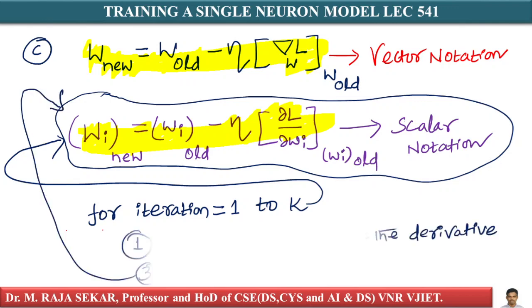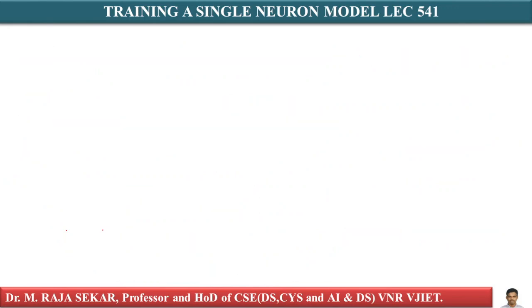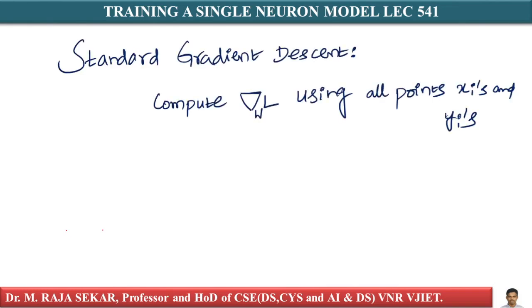First you initialize. The second step is to compute the derivative, and then you update your weights. So the key part here is computing the gradient. In the standard gradient descent algorithm, we compute this derivative del of L with respect to W using all of my points, Xi's and Yi's.